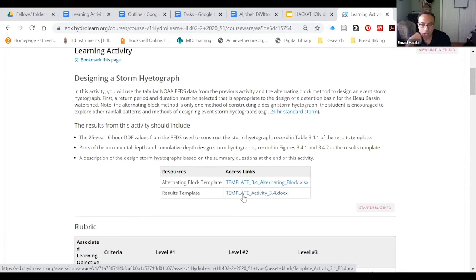Yes, I think so. The template here is really for the students. It's a template for them to see what they have to submit, and make sure that they don't miss any points, or that they submit everything they need to submit. So that template is for the students to put their answers. The whole module is in HydroLearn. If somebody wants to take it and repackage it, then that's great.